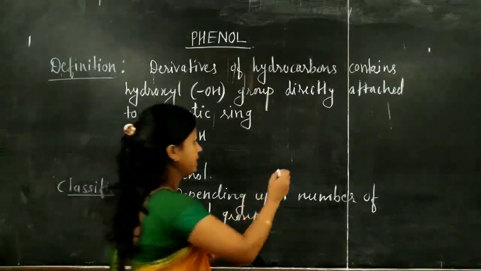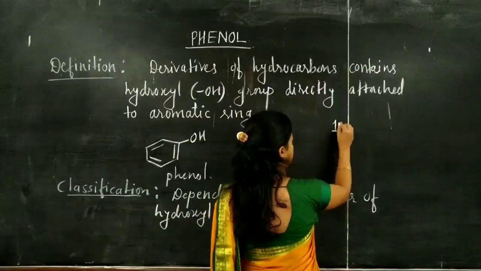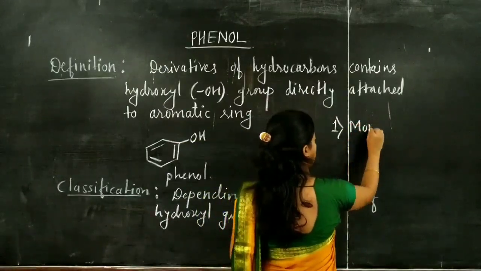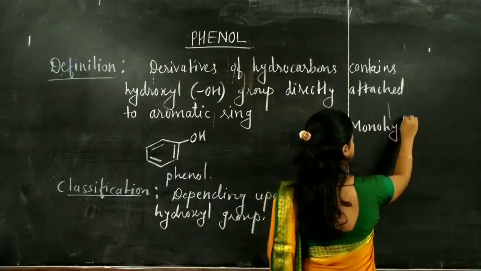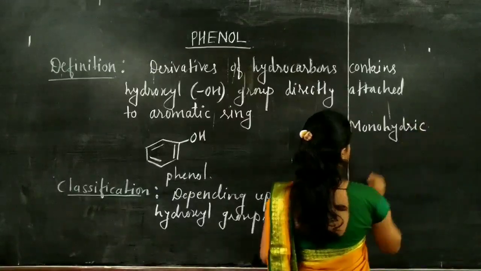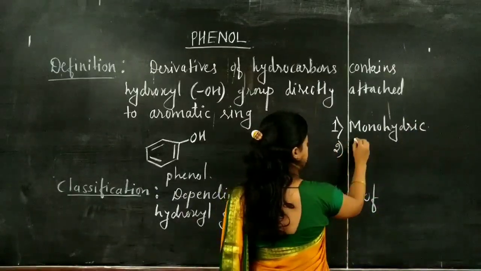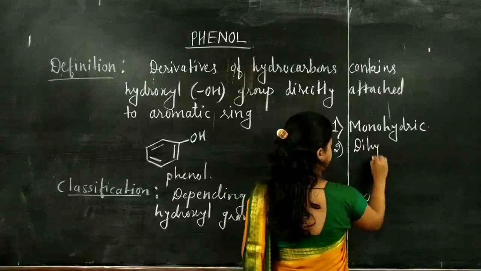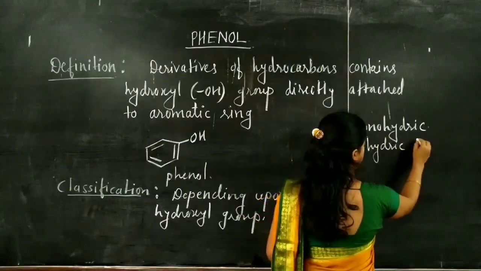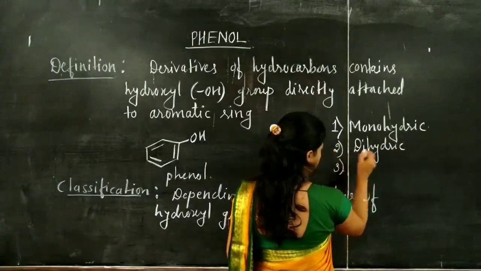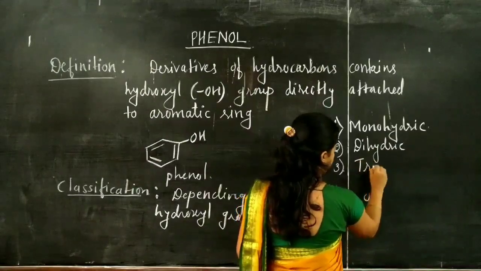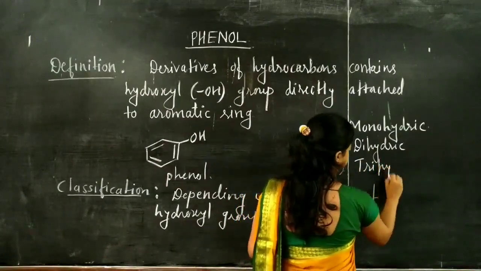The first one is monohydric phenols, dihydric phenols, and trihydric, or we call it polyhydric.